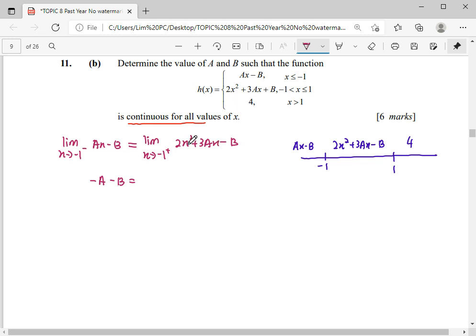So here it will be 2 minus 3a minus b. So simplify our equation, we rearrange here, move the a to the right hand side. So plus 3a, yes. I have a writing typo here, this is plus b.